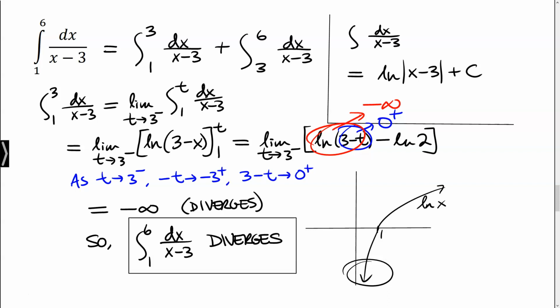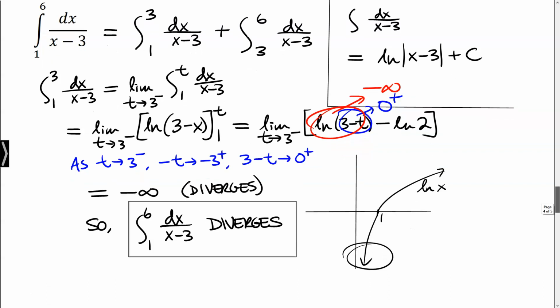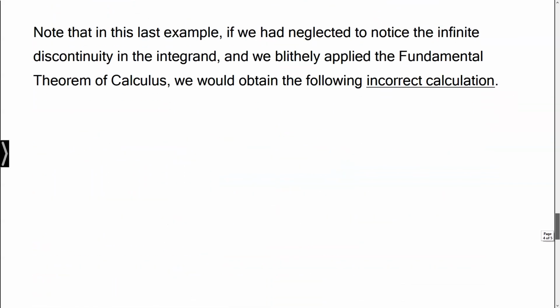Now, what was this mistake that I said people would make? It's very tempting when you look at this integral to just go into your Calc 1 mode, like you're back in first semester calculus, and just do the natural log and plug in, like the fundamental theorem of calculus. So let's see what happens if you do that. If we neglected to notice the infinite discontinuity and we just applied the fundamental theorem, we would get an incorrect calculation.